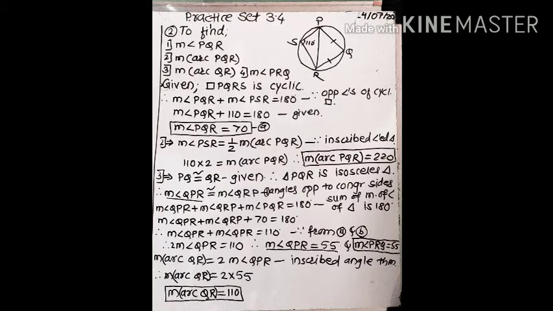Now to find out measure of angle PRQ. As we have already seen that angle QPR equal to angle QRP, and we have angle QPR 55. That's why measure of angle QRP is also 55.